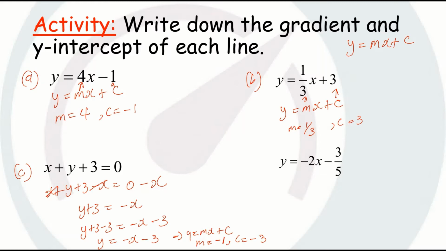Now, let's look at d. By a quick glance, we can already realize that d is in the form y equal mx plus c. So by comparison, m is equal to negative 2, and our y-intercept, which is c, is equal to negative 3 over 5.